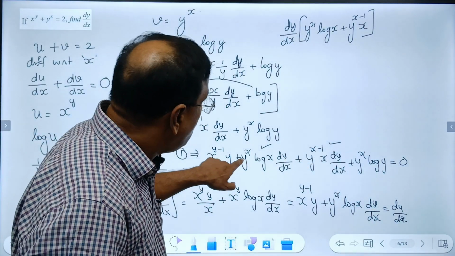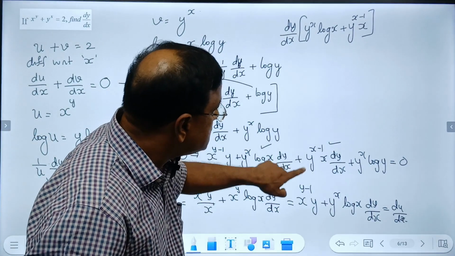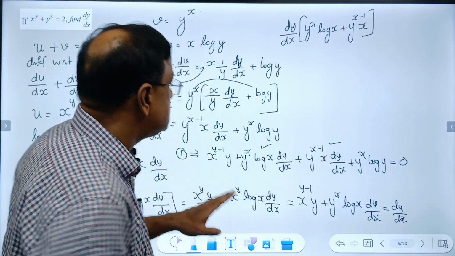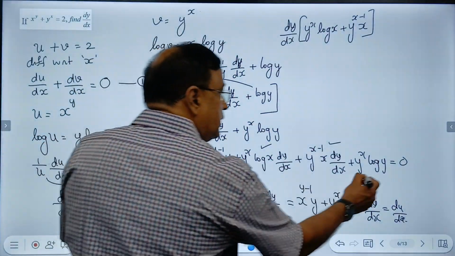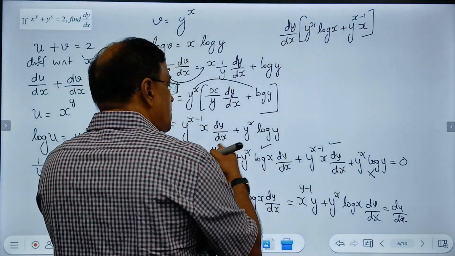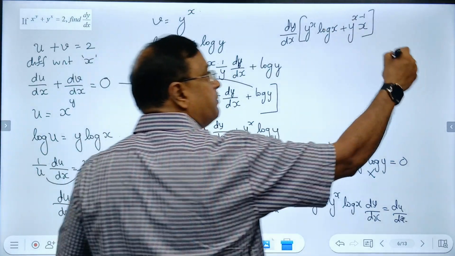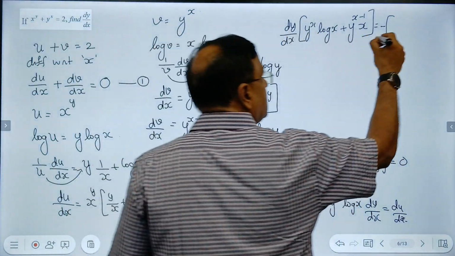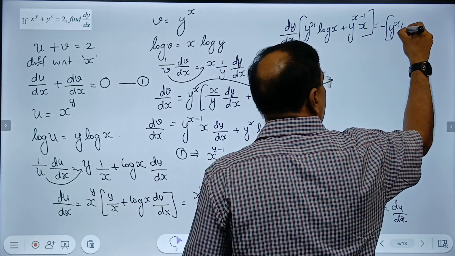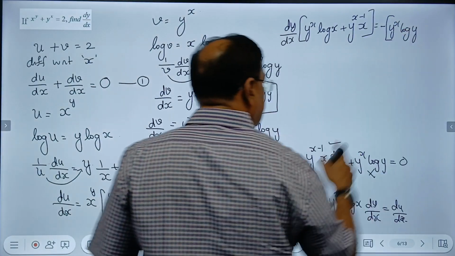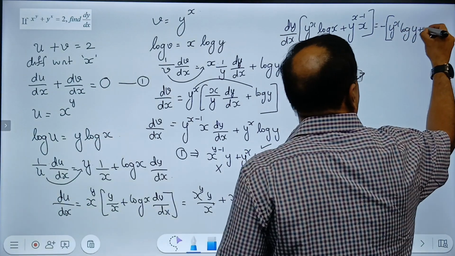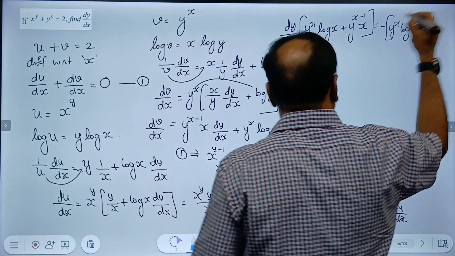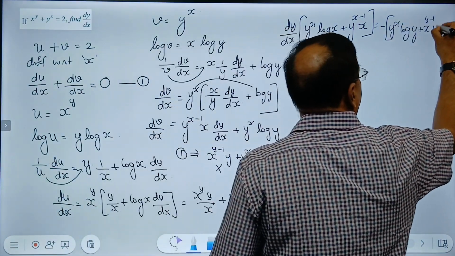And these are the terms without dy/dx, so I take them to the other side. Both are plus. If you take them to the other side, it becomes minus, where I can take out the minus sign. So it will become y^x log y, and this will be x^(y-1) y.